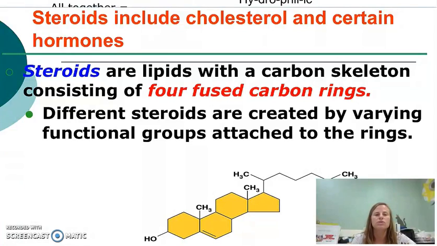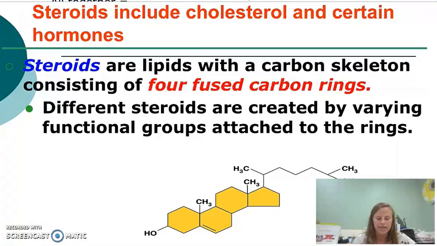Now we're going to move on to our next type of fat, known as steroids. Steroids include your cholesterol and certain hormones. The way you know that you're looking at a steroid is that it's got these 4 fused carbon rings.